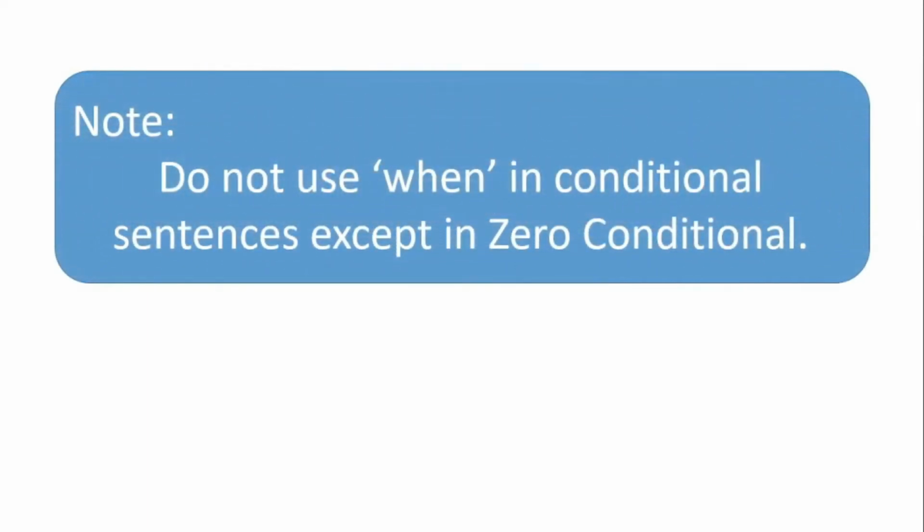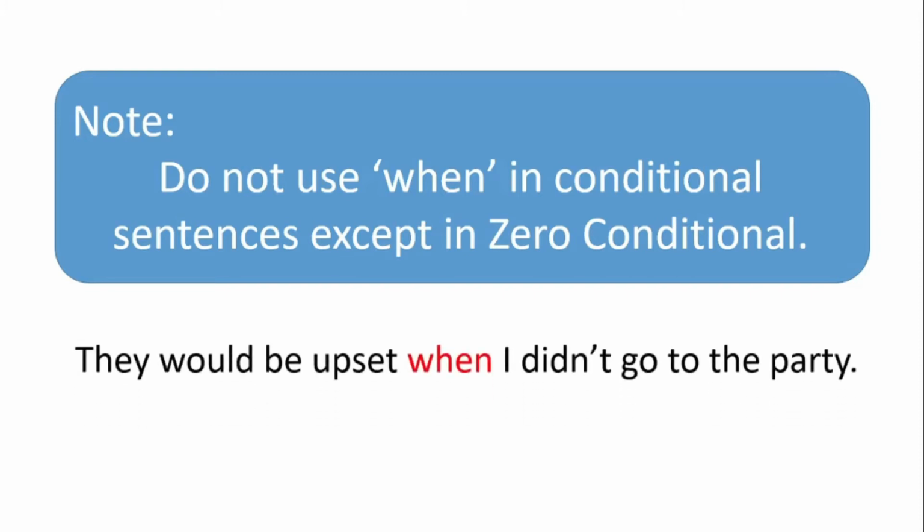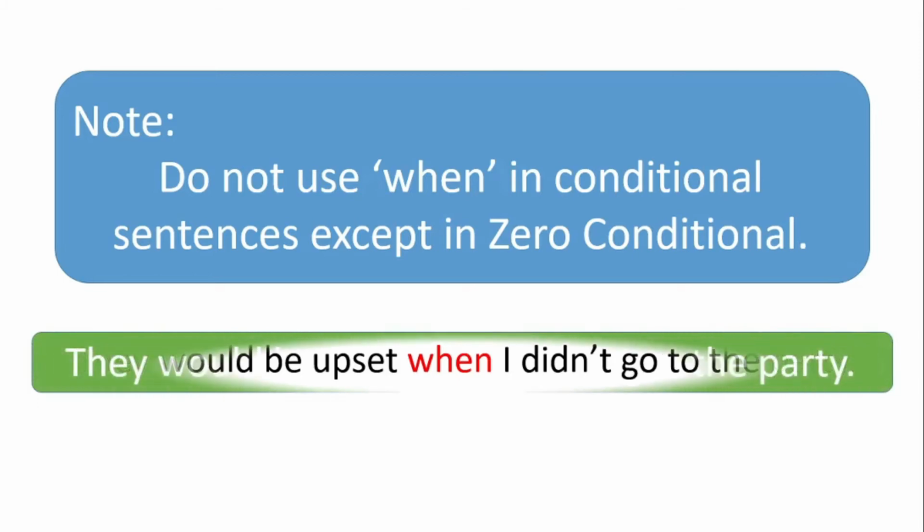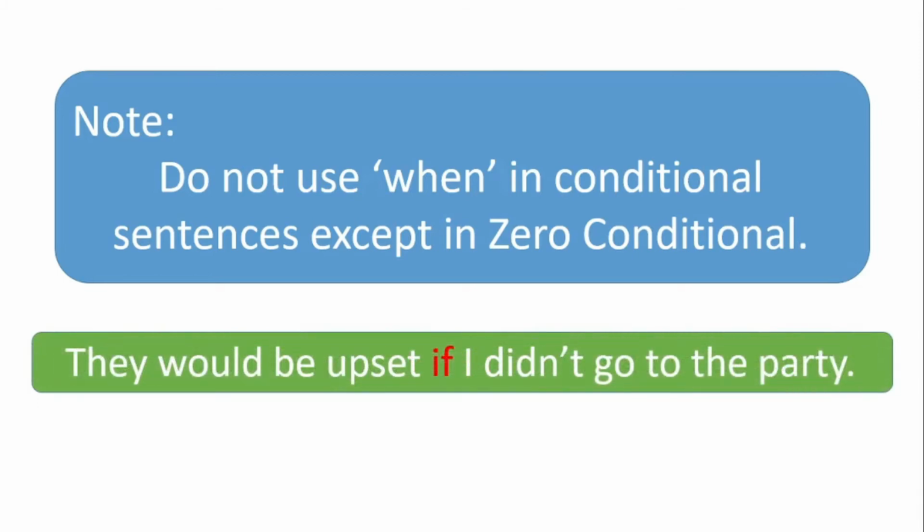Note: do not use when in conditional sentences except in zero conditional. An example. They would be upset when I didn't go to the party. This sentence belongs to conditional sentences type 2. We don't use when in conditional sentences. This sentence is incorrect. The correct version of the sentence is they would be upset if I didn't go to the party.